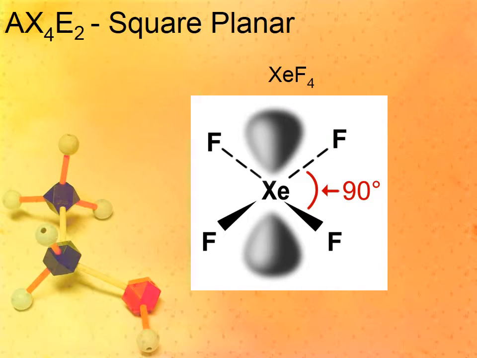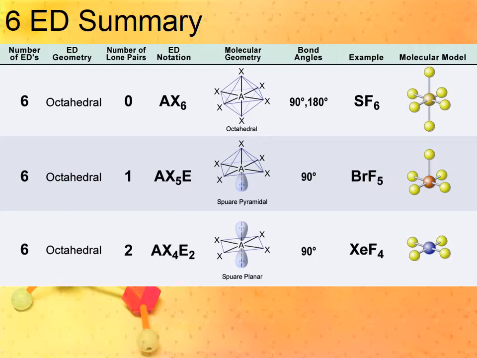An example of the square planar type of structure is xenon tetrafluoride, where you can see here that the angle between the bonding pairs is 90 degrees, of course, at the equatorial plane. This table summarizes the structures that you need to know, which involve 6 electron domains.